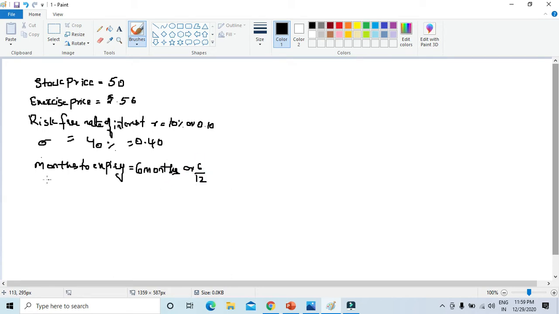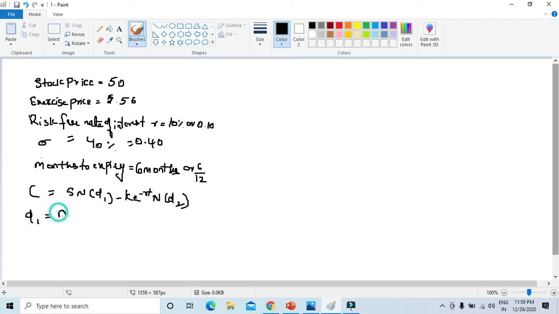In order to calculate the d1 and d2 values, let's write down the formula first of all. C, the value of call, is S N(d1) minus K e power minus rT N(d2). This is the formula.